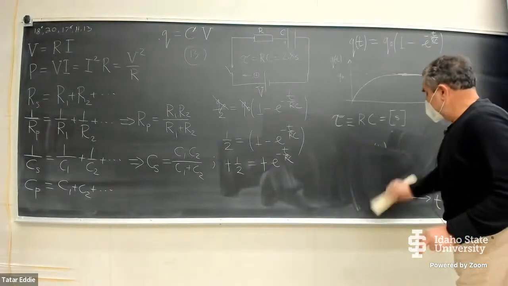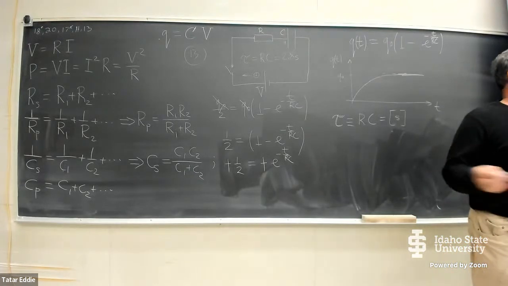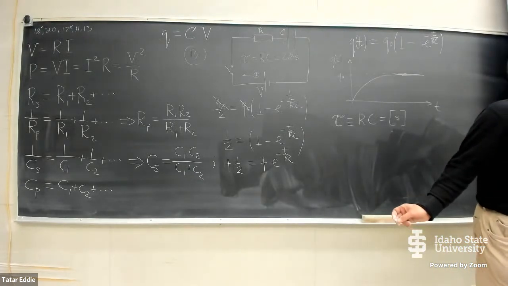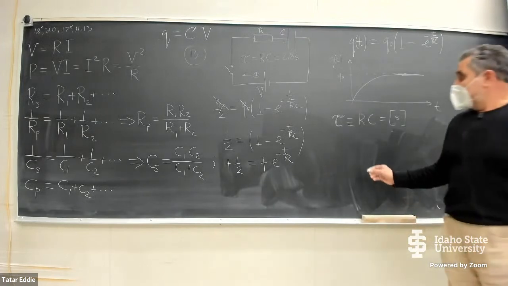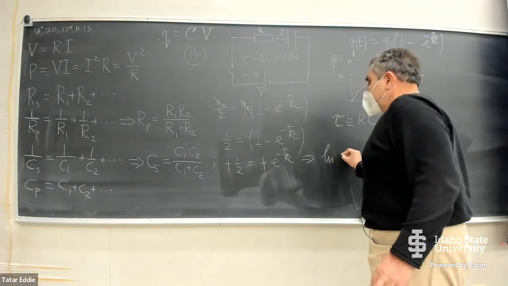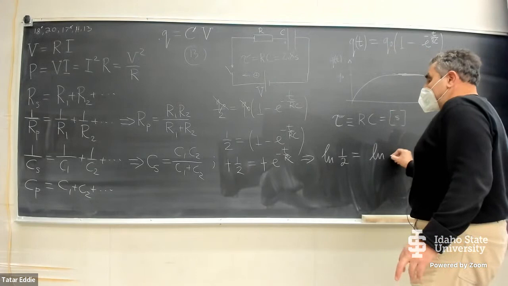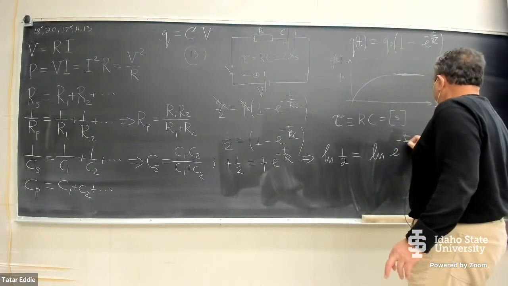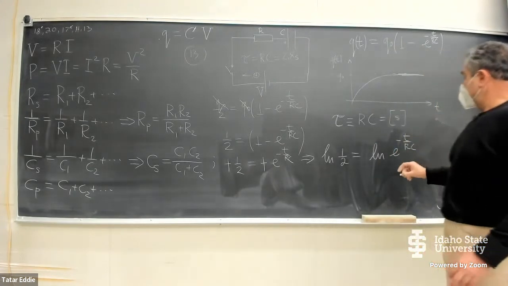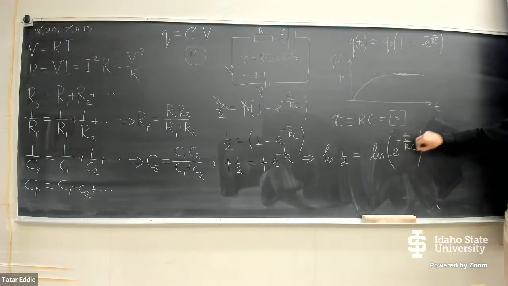And after that, how do you handle an equation like this? You take the logarithm of both sides, natural logarithm. So you have natural logarithm of 1/2 should be equal to natural logarithm of exponent to negative t over RC. But you know that natural logarithm of exponent is equal to the power of this exponent.